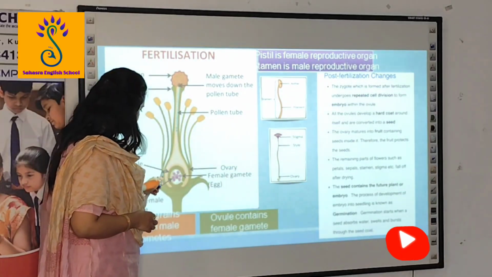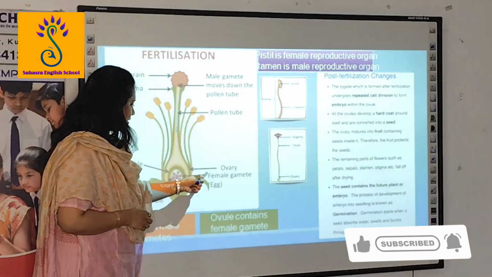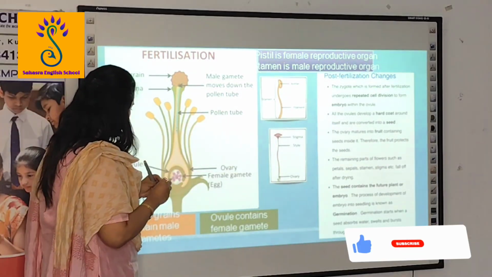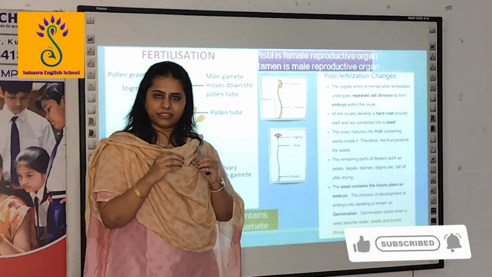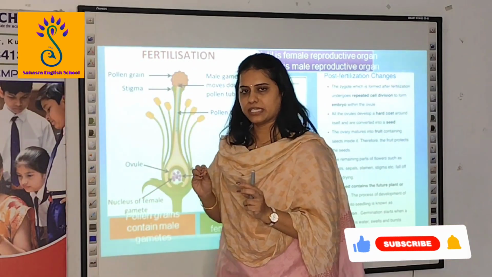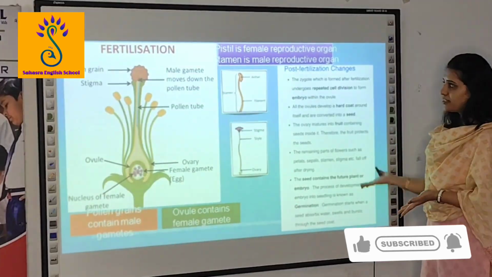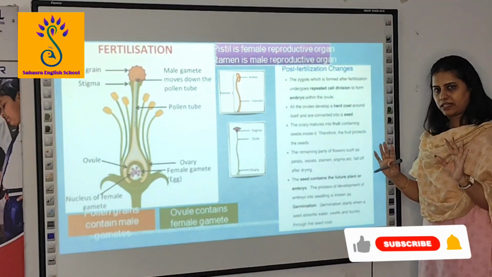This complete figure is the ovary and this is the ovule. This is the egg. The male gamete and female gamete fuse to give a zygote. I told you gametes are haploid. After this, fertilization has occurred.